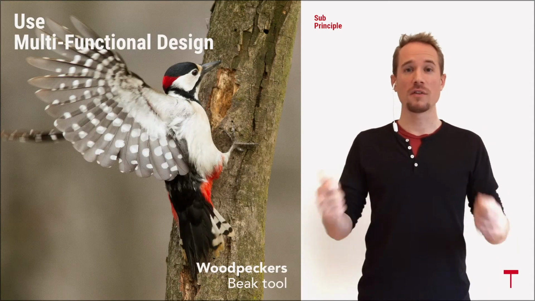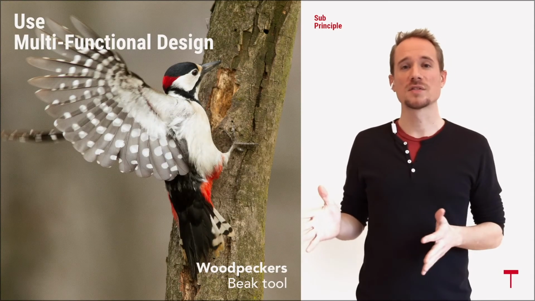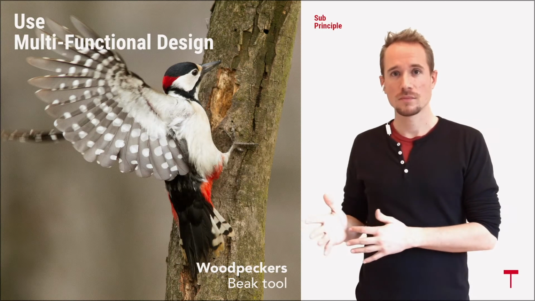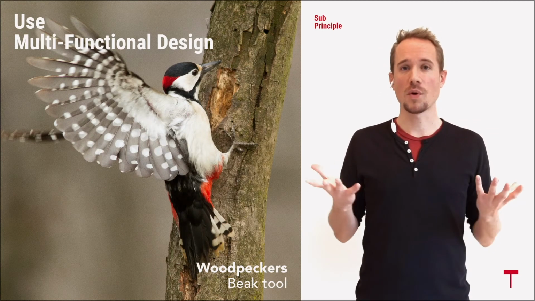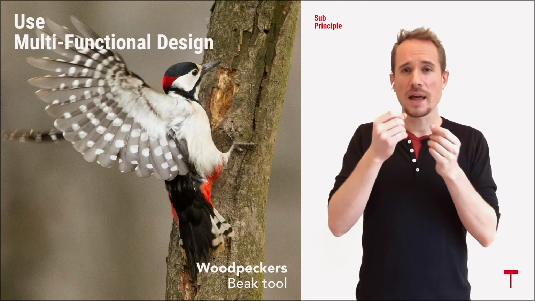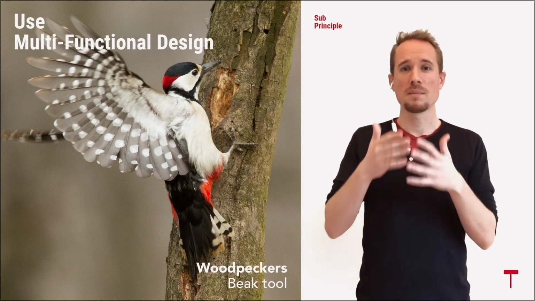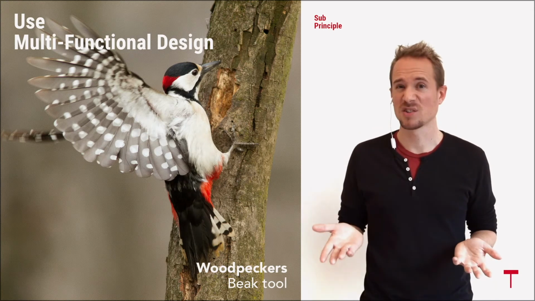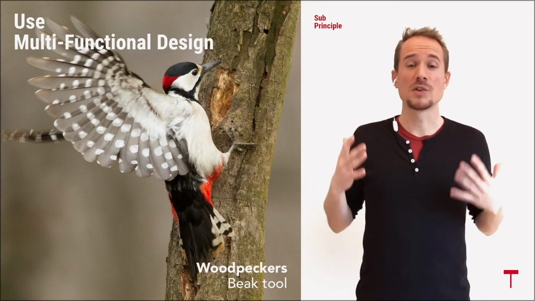Woodpeckers are a very important part in many ecosystems of trees because, on the one hand, they eat many little animals living on the tree bark. Maybe if there would be no woodpeckers, some would be too much for the tree.